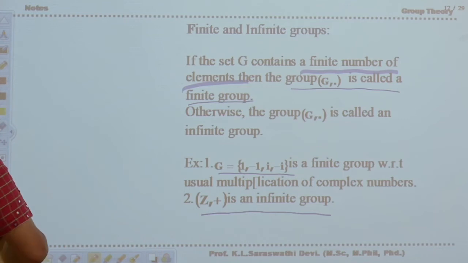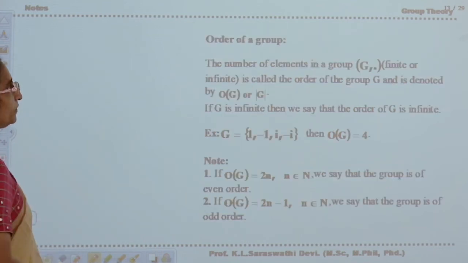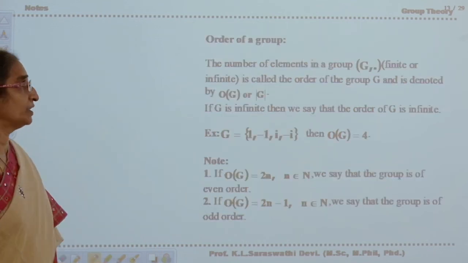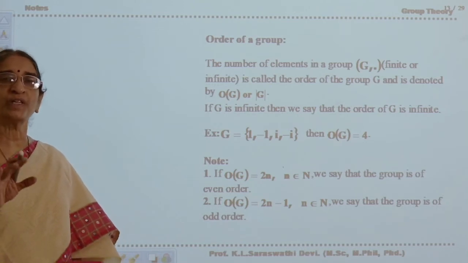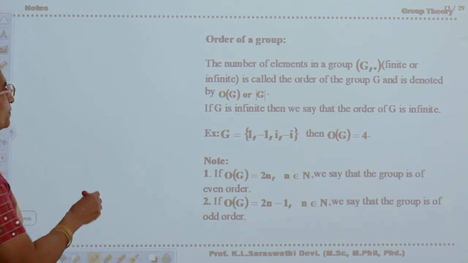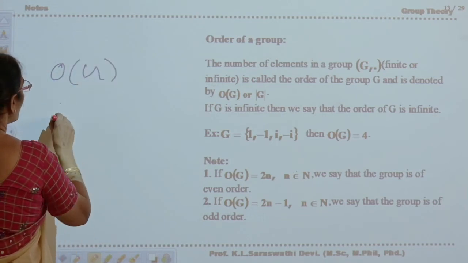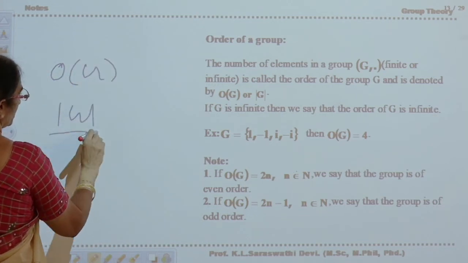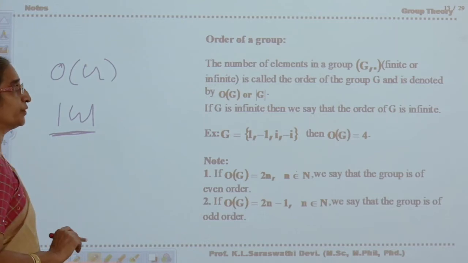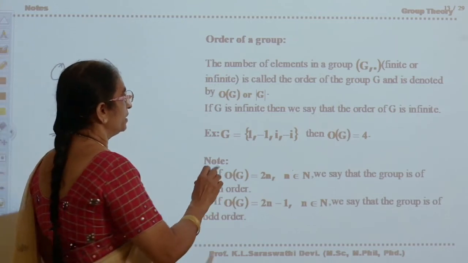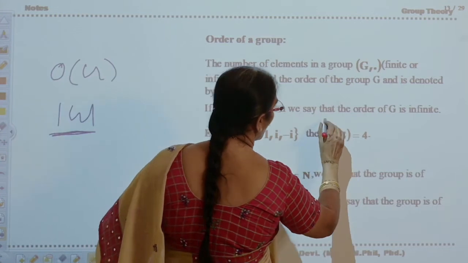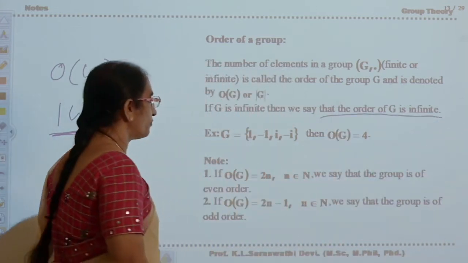Okay. Now see, order of a group. The number of elements in the group is said to be the order of the group, and it is denoted by O(G) or modulus of G. Like this you will write the order of a group. If G is infinite, then we say the order of G is infinite.